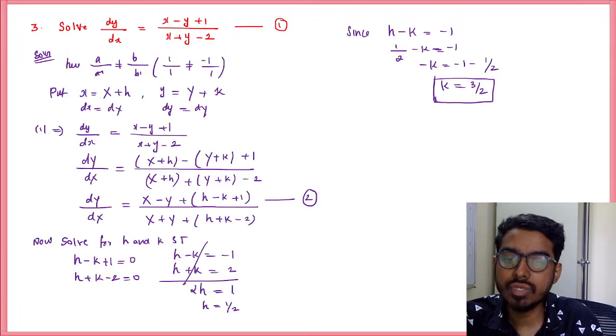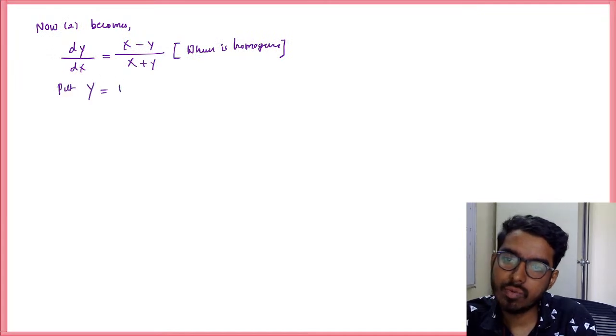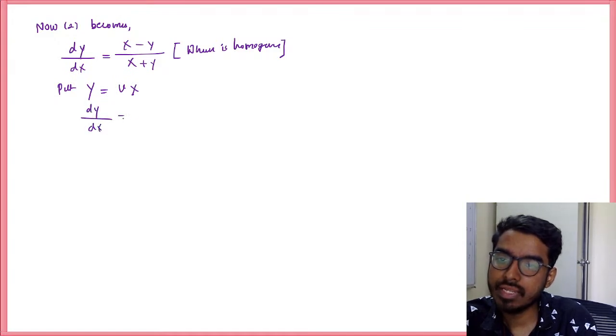Because we have substituted h to be equal to 1 by 2, k to be equal to 3 by 2 here, so that these two are 0, right? So now put capital Y is equal to vX. Therefore, dY by dX is equal to v plus X into dv by dX.